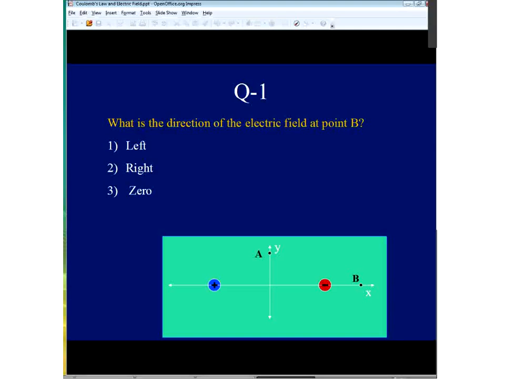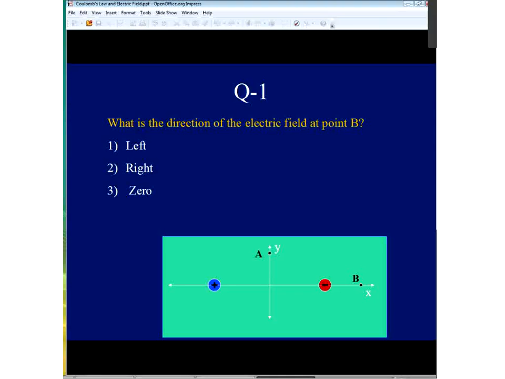All right. Now try this question. You can see two charges, plus and minus. Due to them together, what is the field at B?